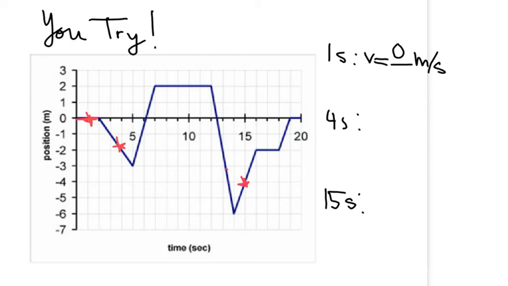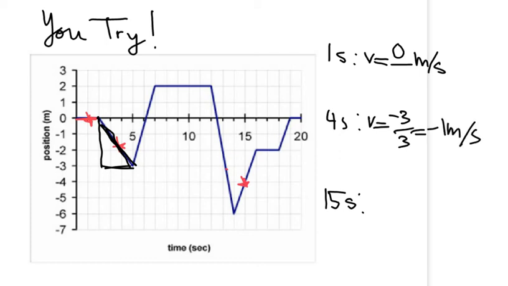Okay, for 4 seconds, we have a rise of negative 3. My run right here is 3. I just picked the 2 easiest points on this line. So I have negative 3 divided by 3, which is equal to negative 1 meters per second.